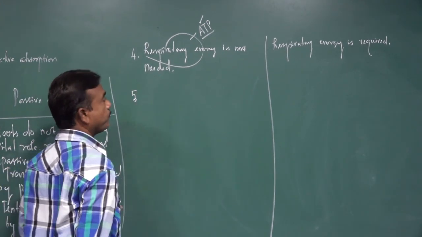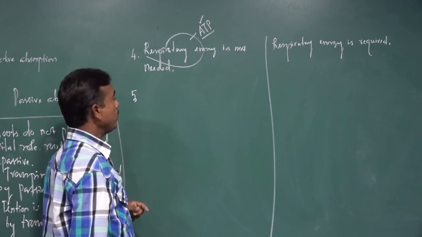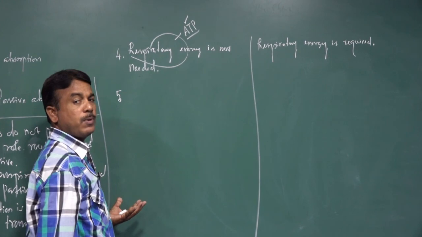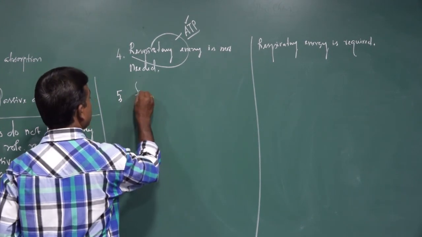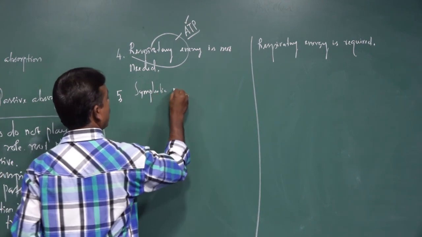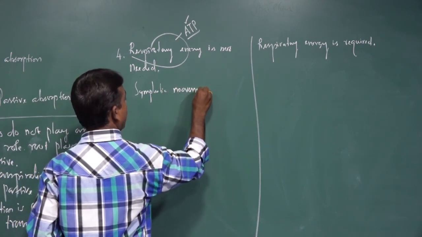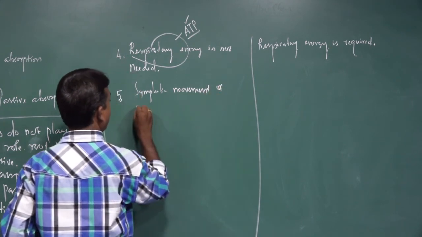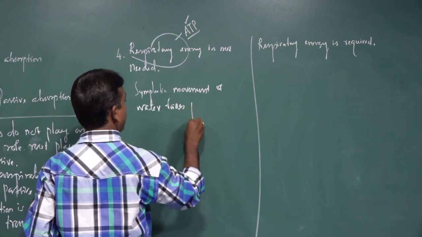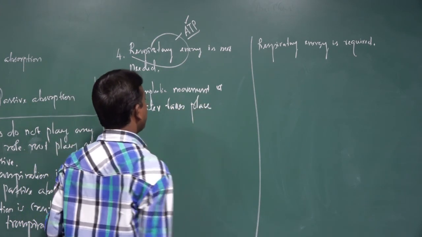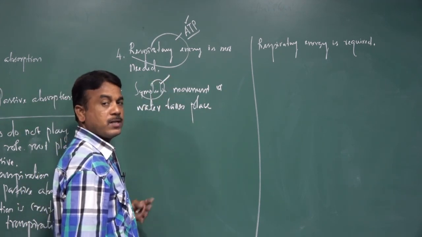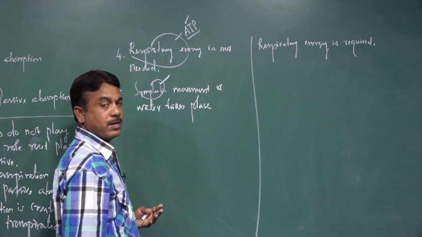Fifth one. In active absorption, uptake of water and mineral salt takes place by symplast movement. So by using symplast movement, active absorption utilizes the uptake of water and mineral salt.